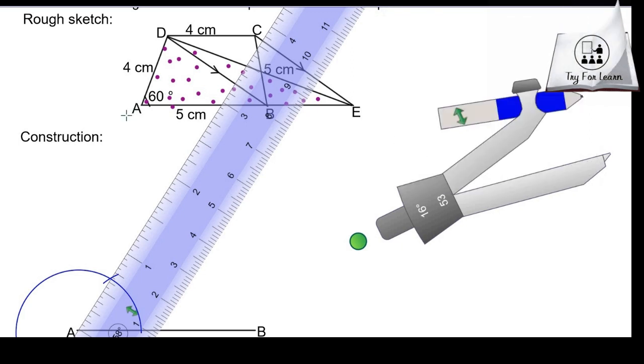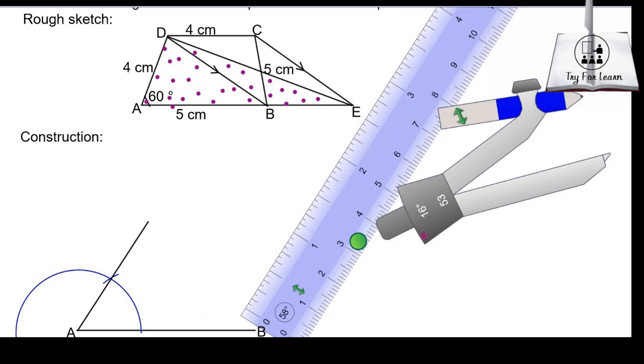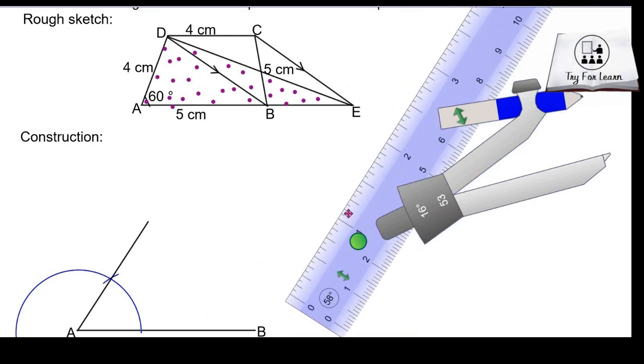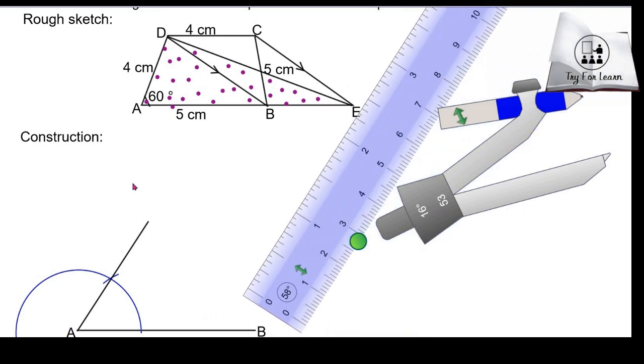From that A, there is line segment AD whose length is 4 cm. Yes, it is 60 degrees. Now here we get a 60 degree angle at A. The length of this line drawn from A should be 4 cm.